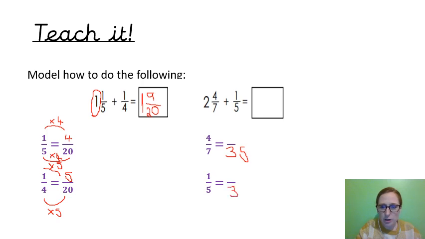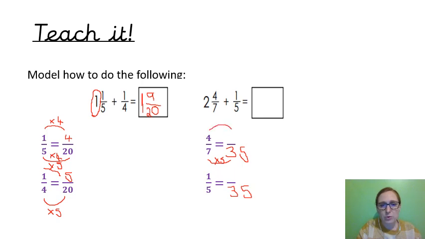It doesn't always come up with the lowest common denominator, but it always comes up with a common denominator. So I know that 7 times 5 is 35.